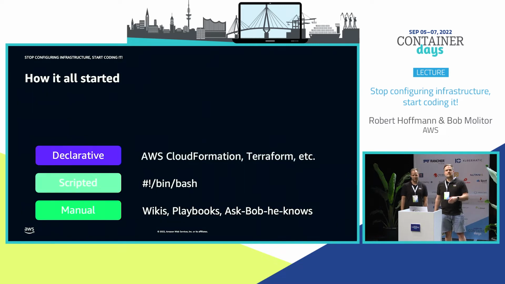The next step, and that was actually the revolution here, was to use tools that helped us to just declare the state we want to have, and then let the tool decide how to get to that state. And this is where we got things like CloudFormation, if you are working on AWS, or things like Terraform. And that's basically where my YAML anxiety started.